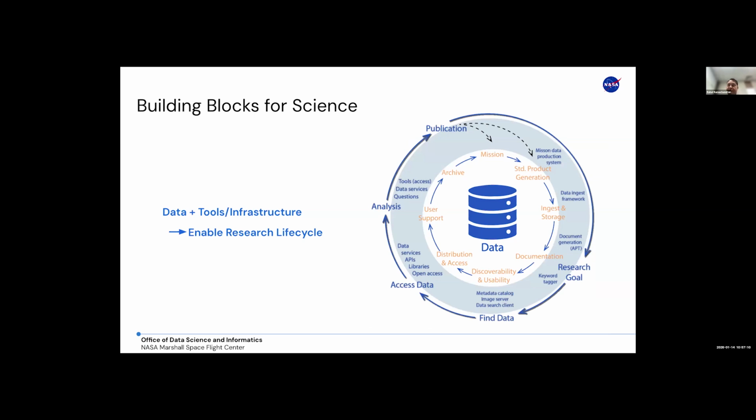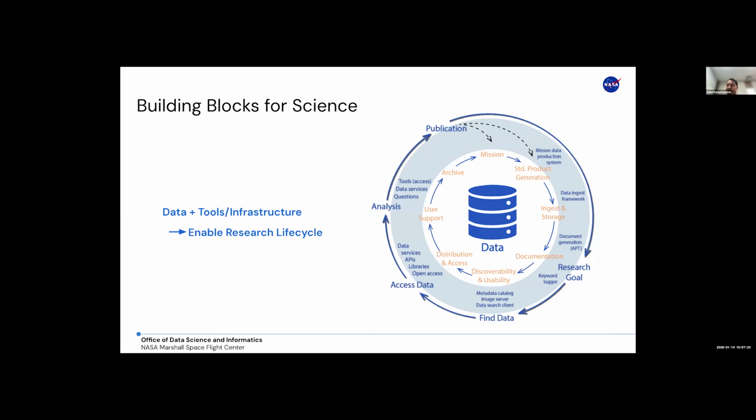This is a figure that I normally show. If you look at the building blocks of science, since we're coming from the data science program perspective, the data is the center of gravity for us. The inner circle is the data lifecycle. These are the well-engineered processes that we use within NASA to make science data products.